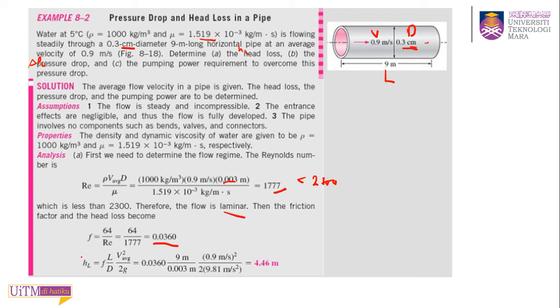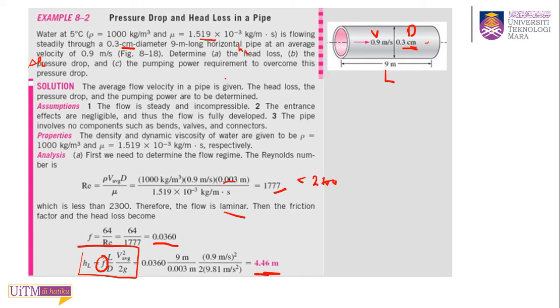The head loss equation requires us to find the F. When we get the F, we can simply put it in this equation. We have the L, 9 meter, the V, 0.9, the D, 0.003, and the g. Plug in everything, and you will get the head loss as 4.46 meter. This is your answer for part A, the head loss.